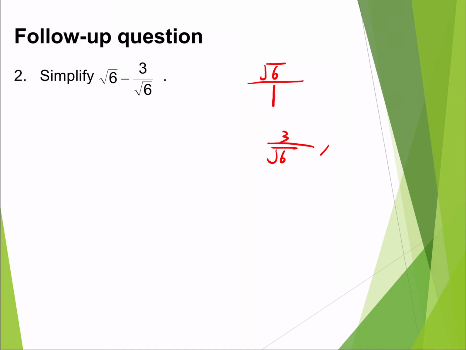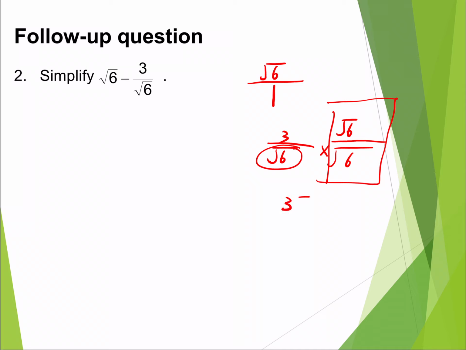Do you still remember we multiply square root 6 by itself again? So multiply the fraction by square root 6 divided by square root 6, and square root 6 times square root 6 means the square, so they cancel each other with 6. It is a times here, so 3 and 6 will cancel each other, so it's square root 6 divided by 2. After we have rationalized the denominator, then we can do the subtraction.